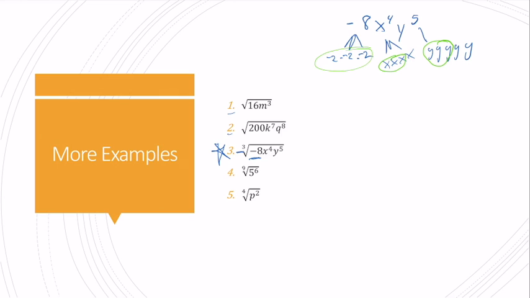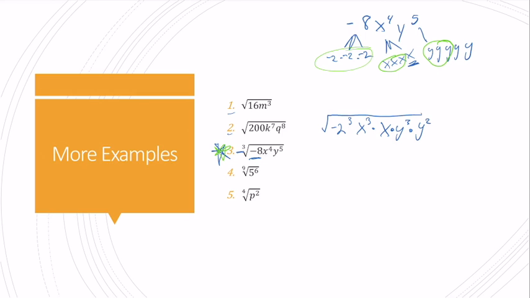So I'm going to rewrite this original problem over here as the cube root of negative 2 cubed, x cubed times x, y cubed times y squared.